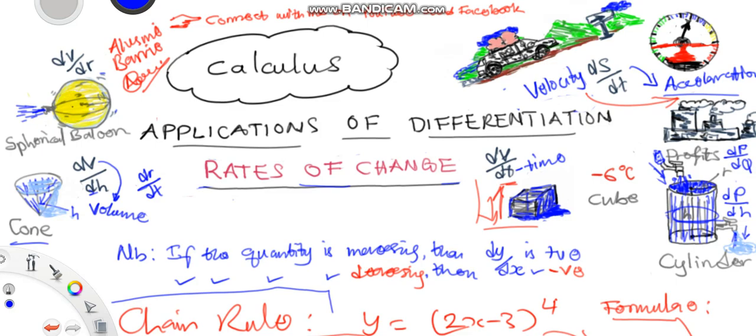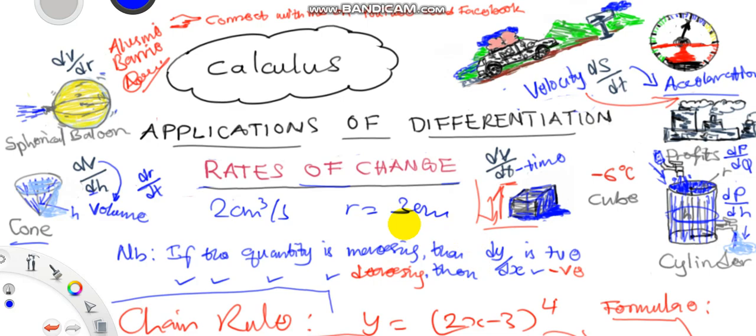The volume is decreasing at a rate of 2 centimeter cubed per second, and we are asked to find the rate at which the surface area is diminishing when the radius is 3 centimeters.